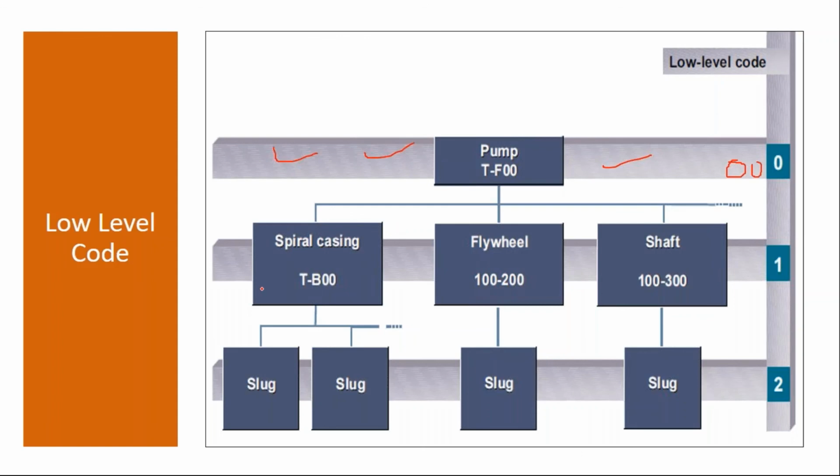Once that is completed, it will move to the next low level code, and like this the system will plan the materials in sequence. So the sequence in which materials have to be planned is decided by the low level code.